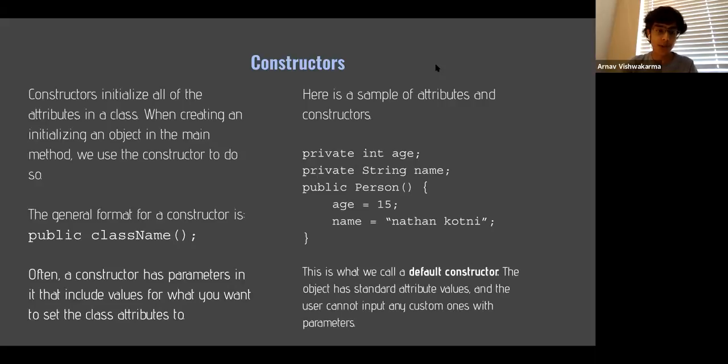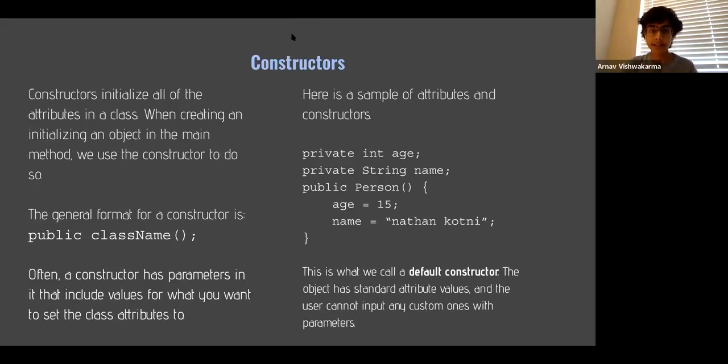Following the public keyword, we have the name of the class. Often the constructor has parameters in it, and these include values for what you want to initialize the attributes to.